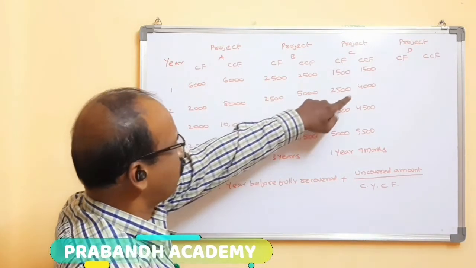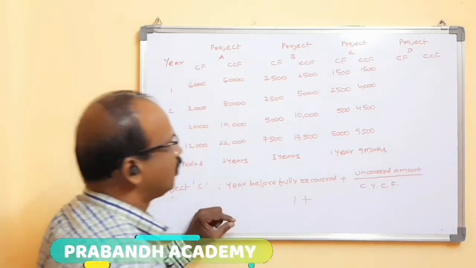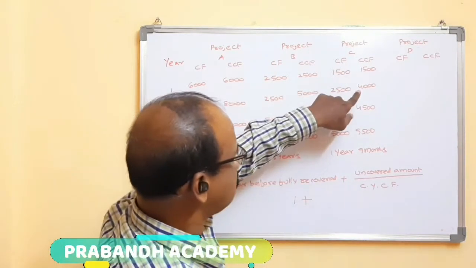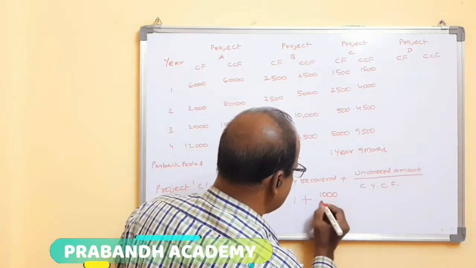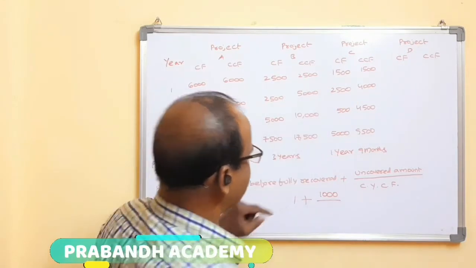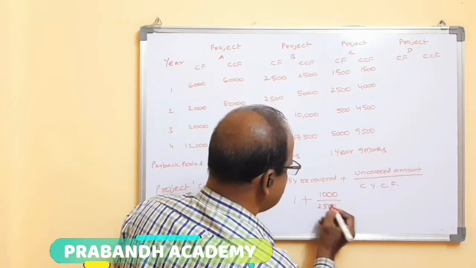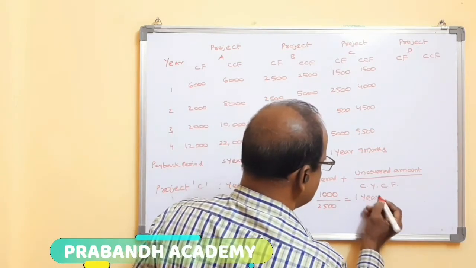So fully recovered, we have second year. Before is 1 year, plus uncovered amount. What is the difference between 3,000 and 4,000? 1,000. By second year cash flow, we get 2,500. If you simplify, we get 1 year 9 months.